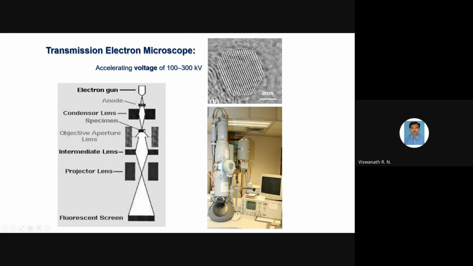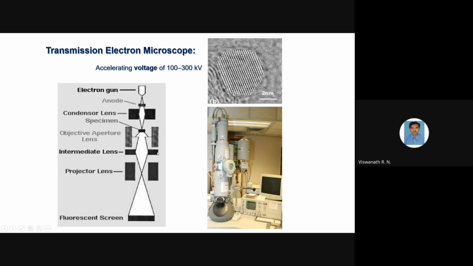Transmission electron microscopy is a good device to map out the electronic configuration and atomic arrangements in a material. That is why it is very important. Then there is an intermediate step. All the information is falling on the fluorescence screen.